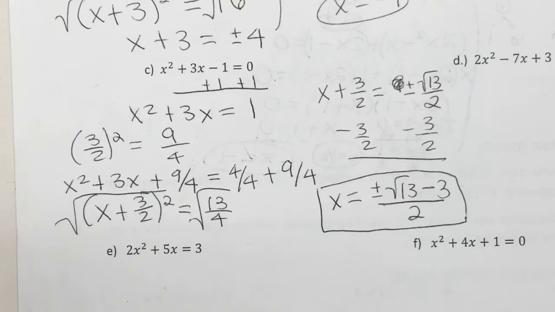Equals. And what's the square root of 1? Minus 1. So plus or minus 1. Plus, minus. Good. Now set up your two cases. So write x plus 3 equals positive 1, x plus 3 equals negative 1, then solve for x.